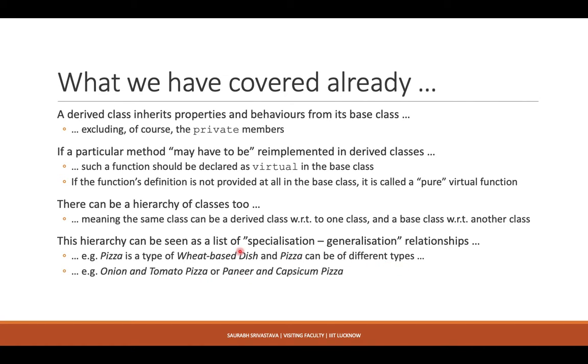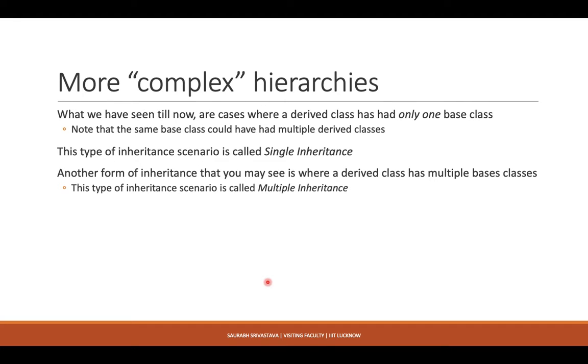So pizza can be of different types, this or this. So you can see that there is a generalization specialization relationship in this hierarchy. As you move from top to bottom, things get more and more specialized, and as you move from bottom to top, they get more and more generalized.